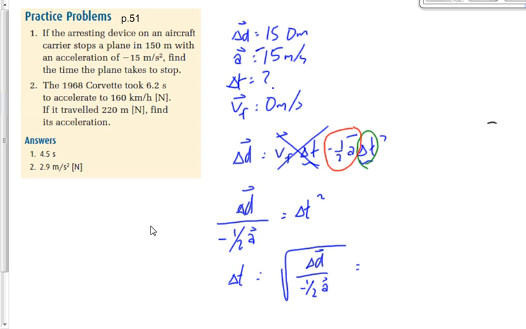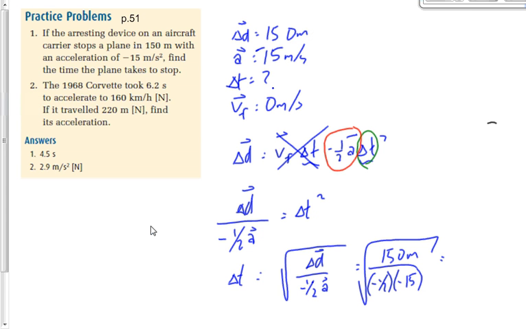d is 150 meters over negative 1/2 times negative 15. Let's see here. 150 divided by 15 is 10. 10 divided by a half is 20. Square root of 20 is 4.5.